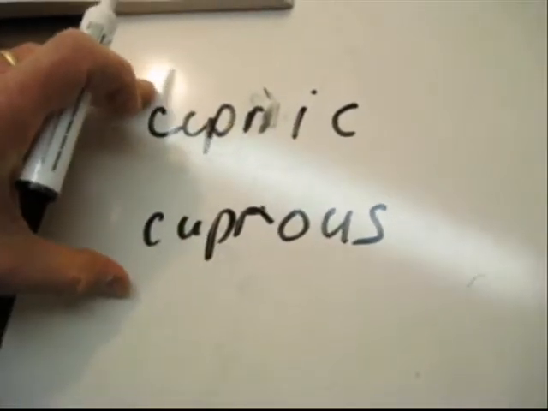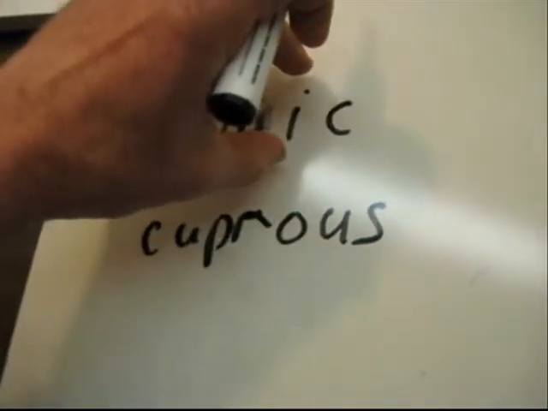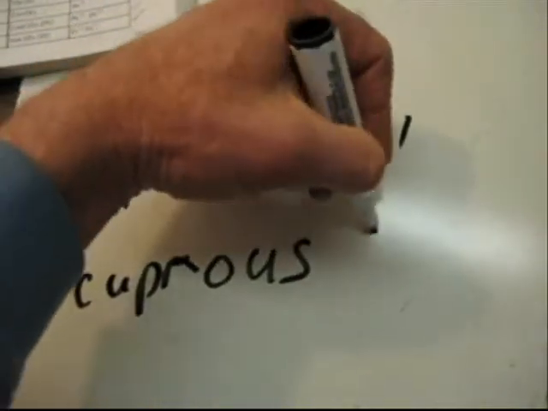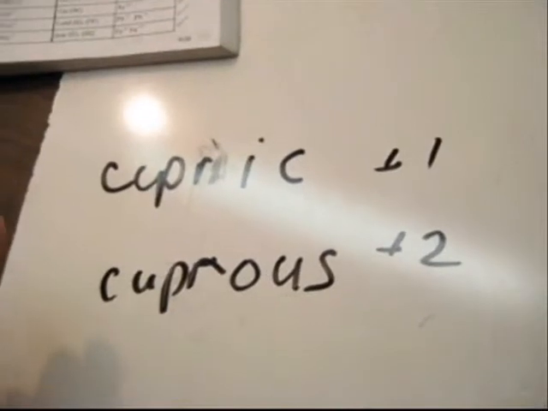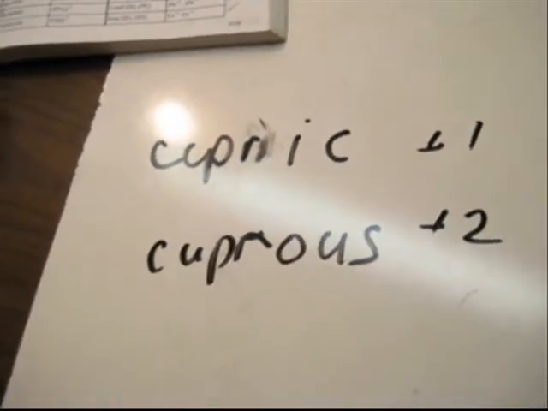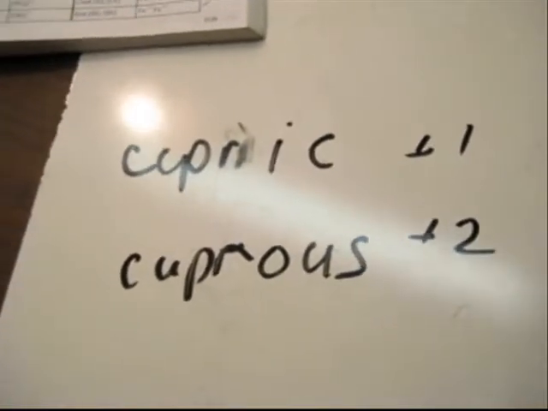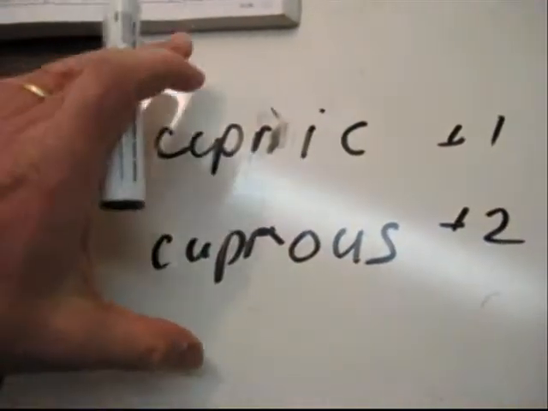And there was confusion when people tried to remember which one's the plus 2 and which one's the plus 1, when they would just look at compounds on the shelf. We've got this cupric nitrate, then we've got this cuprous nitrate, and I know I need the one that's the plus 1, but I can't remember.